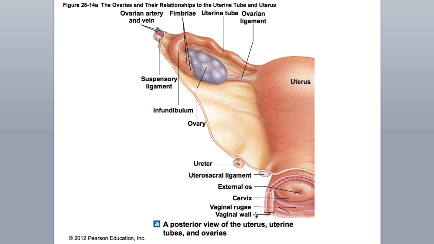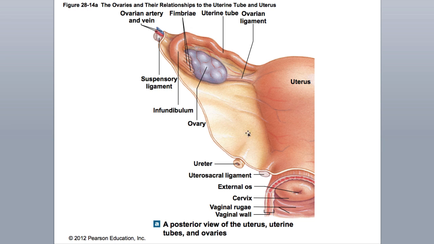In this picture, we see the vaginal area at the bottom, the vaginal folds called the rugae, the cervix, the opening of the cervix, the main portion of the uterus. Again, you see ligaments holding all this in place.